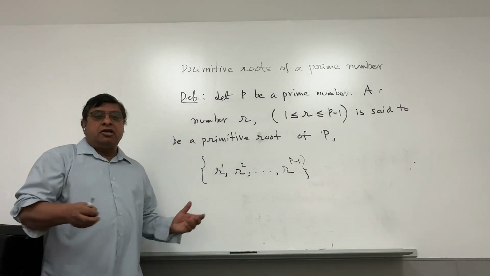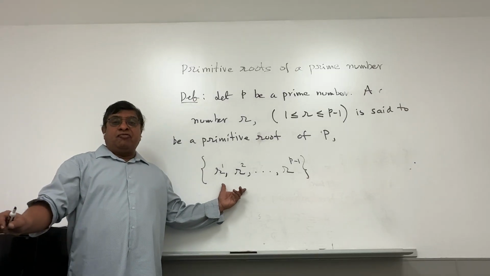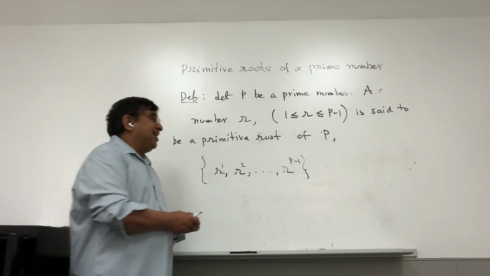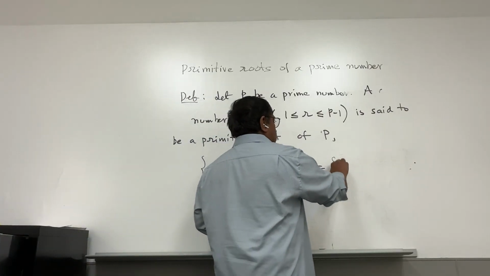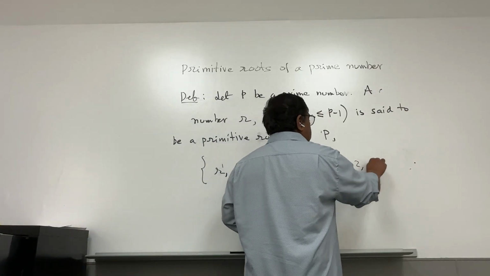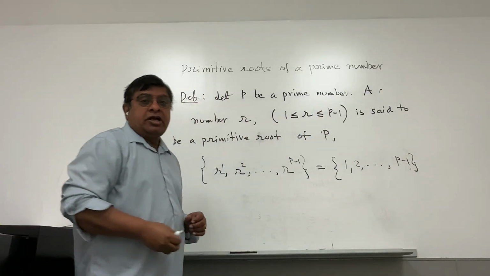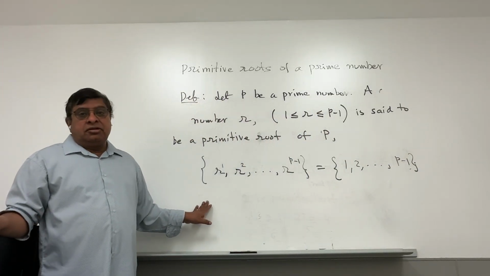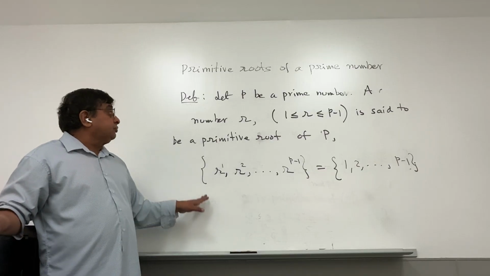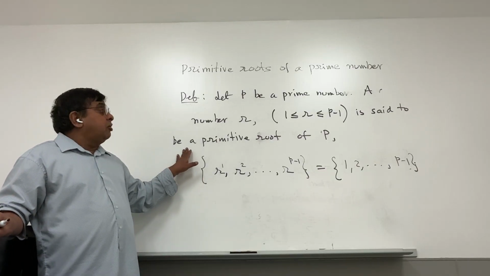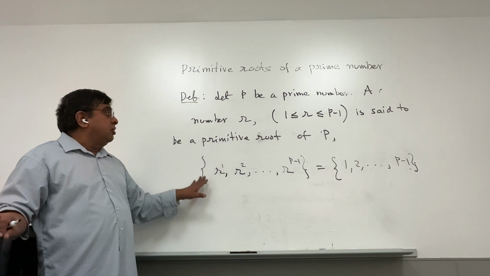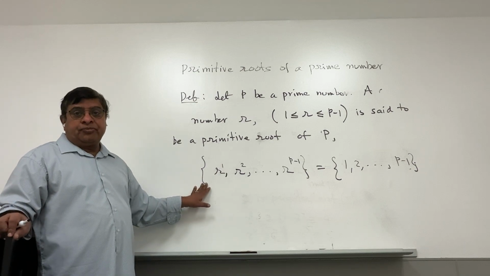So really I'm taking the first p minus 1 powers of r, and that set should be equal to 1 to p minus 1. And if that is the case, then we say r is a primitive root of p.